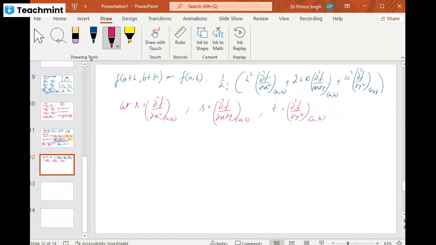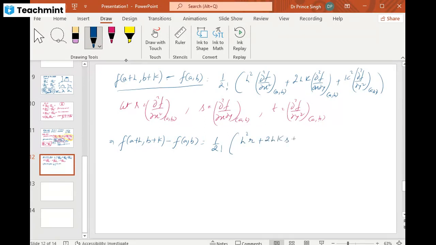Because basically I want to know whether this term is positive or negative. So f(a+h, b+k) minus f(a,b) is equal to 1 upon 2 factorial times h squared r plus 2hk s plus k squared t.